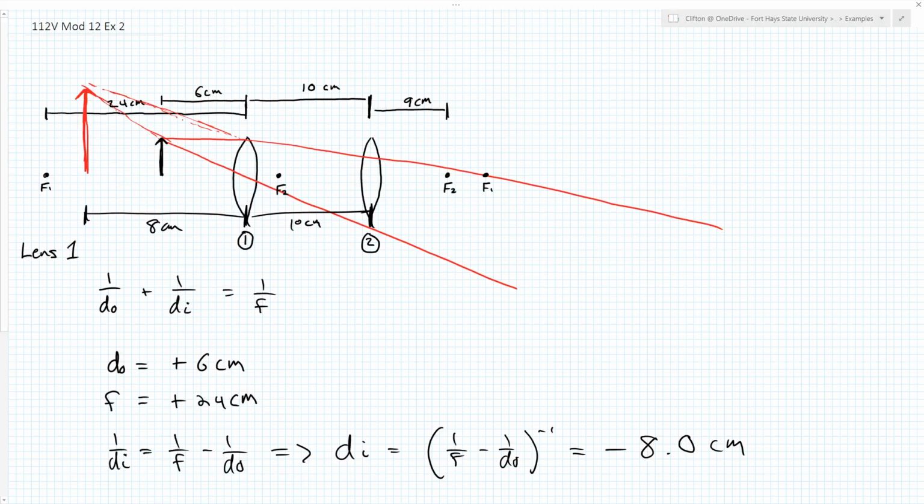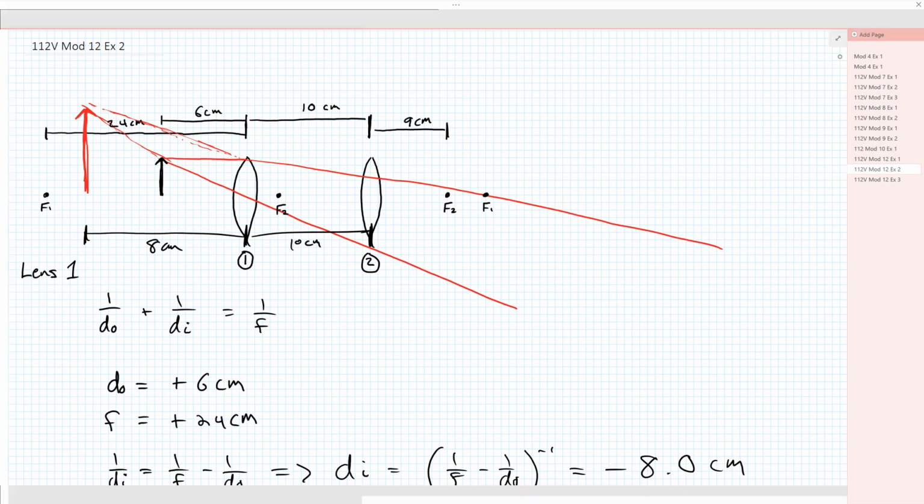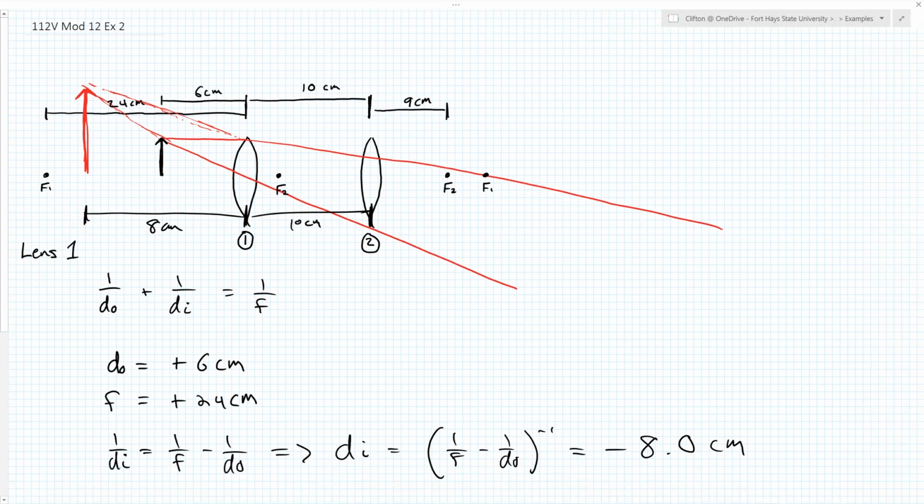So let me go up here and draw the ray diagram for the second lens. So we now have this object here, ray that comes in parallel to the lens. It doesn't matter that this ray doesn't reach the lens. This is just an example ray, right? You could just draw your lens bigger if you wanted to. So a ray that comes in parallel to that lens is going to be bent towards the focal point of that lens.